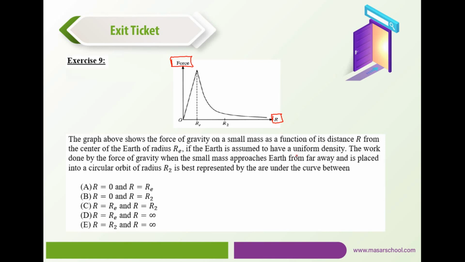If the earth is assumed to have uniform density, the work done by the force of gravity when the small mass approaches earth from very far away, that would be infinity, and is placed at a circular orbit of radius r2, is best represented by the area under the curve just between r2 and infinity, which makes E the correct answer.